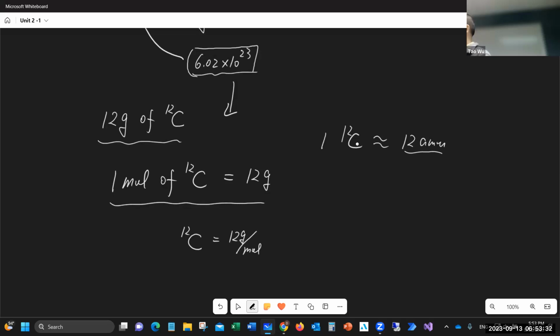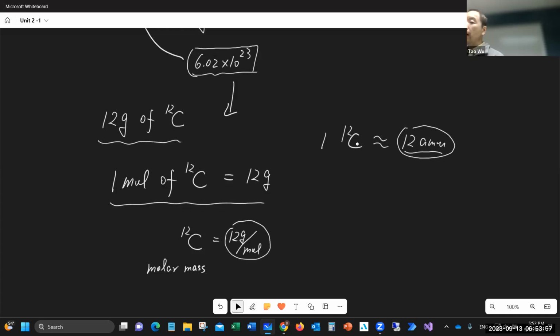We call this the molar mass, which is the mass of a certain object per 1 mole of that object. So the molar mass is 12 grams per mole. Then that's going to be much better than using 12 AMU. That makes sense, right?